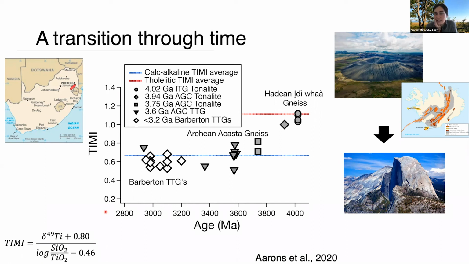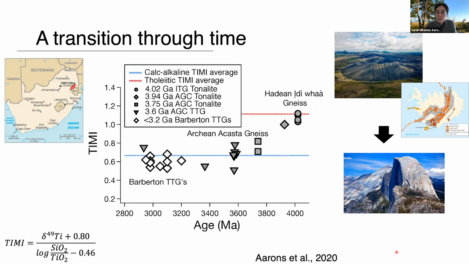And a gneiss, I apologize, I didn't explain what gneiss was, but gneiss is basically metamorphosed granite or granodiorite. So I imagine that you have like Half Dome in California being heated up or exposed to great pressures. And that's where you get that foliated texture that I showed in the pictures from the Acasta Gneiss.